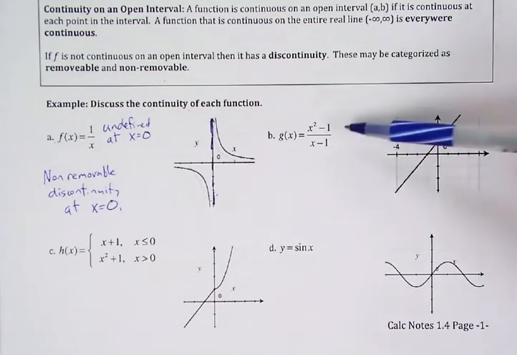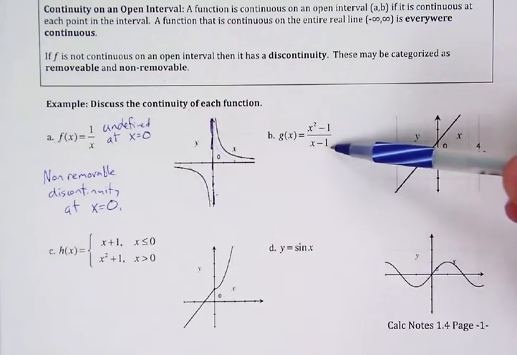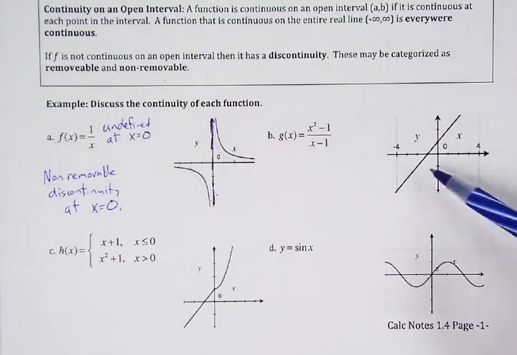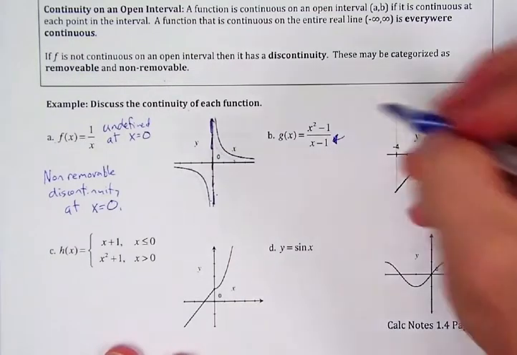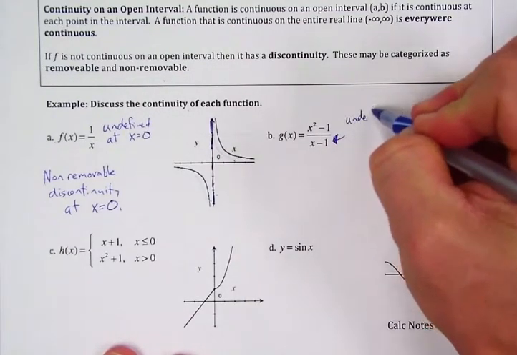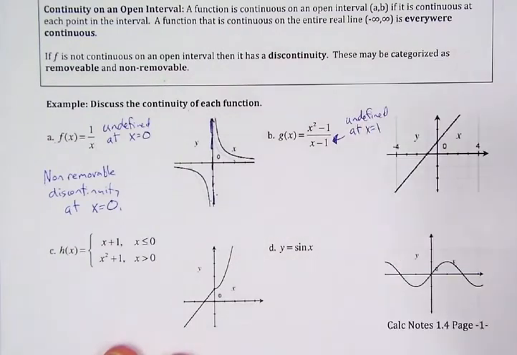All right, we'll try letter B here. Here we have x squared minus 1 over x minus 1. Now, in looking at the graph, it looks like it's a continuous straight line. But we know because of this denominator here, that it's going to be undefined at x equals 1.